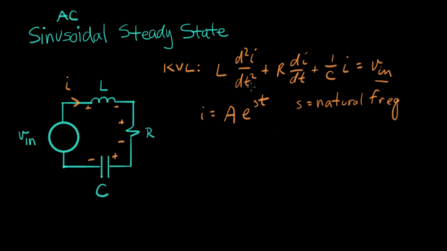The way to tell if I is a solution is to plug it into this equation here. After factoring out I, we ended up with Ls squared plus Rs plus 1 over C, and all that is equal to, for the natural response, zero.